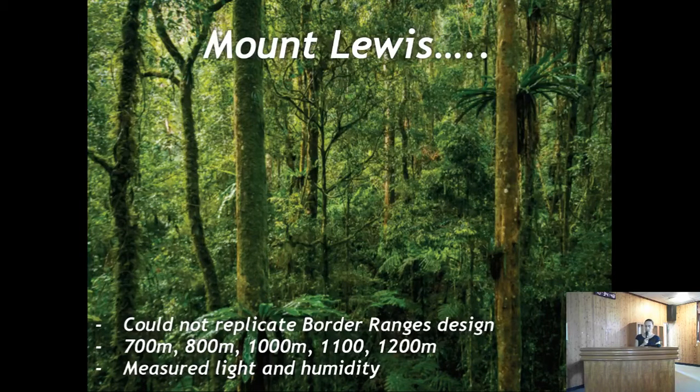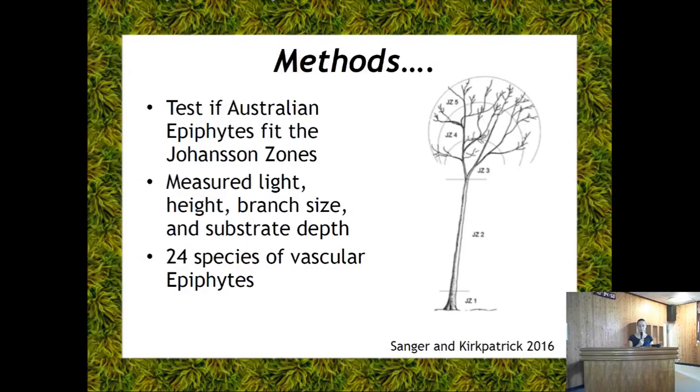So here I wanted to test if Australian epiphytes fit into the Johansson zones, which is the commonly used survey method that has been around for 40 years and is used quite widely over the world. For each epiphyte that I found in the survey, I took a light measurement, I measured the height from the ground, and I also measured the branch size and the substrate depth.